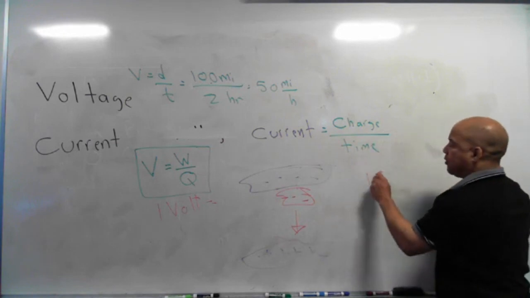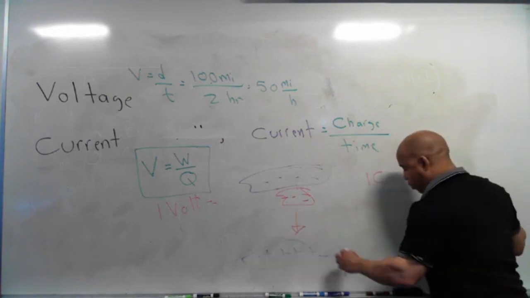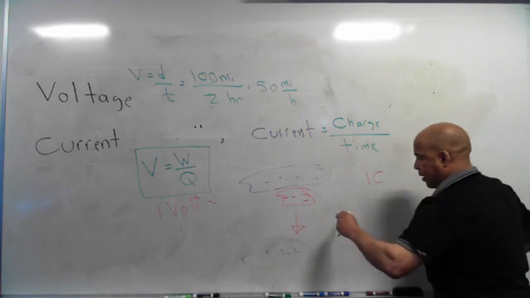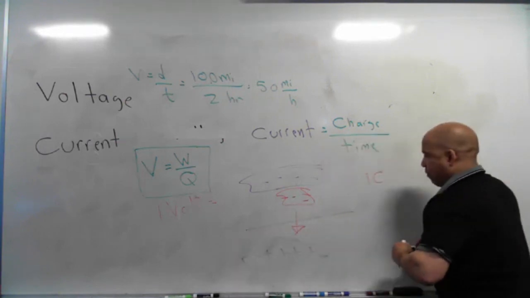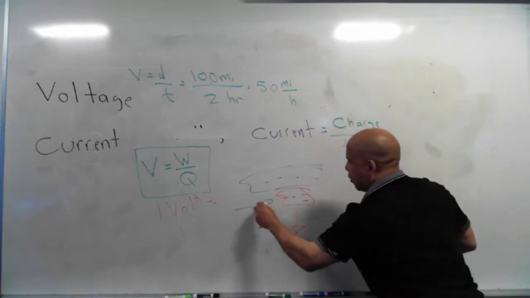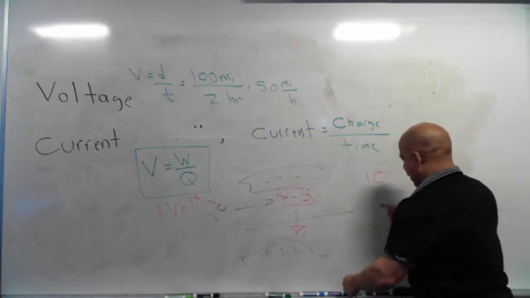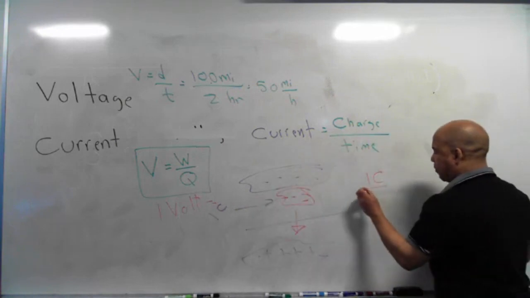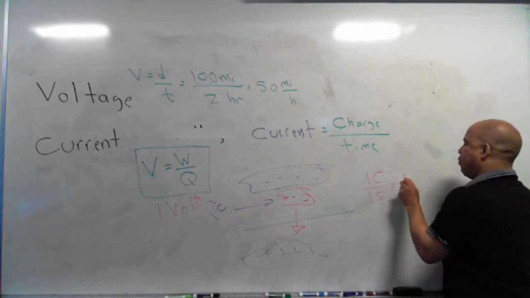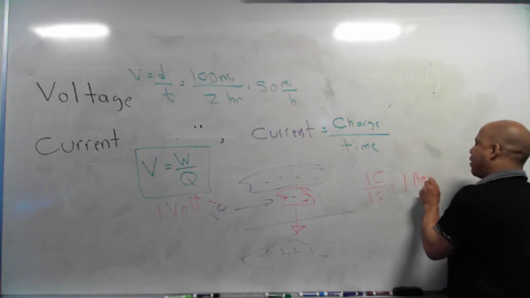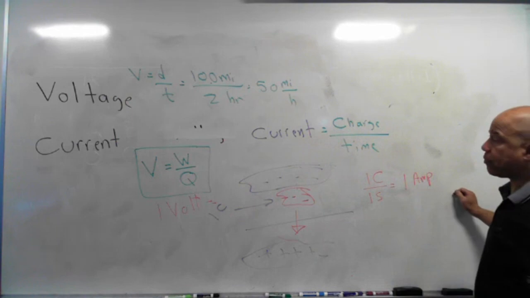If I have 1 coulomb of charge move past a certain point, say this is my point, if 1 coulomb of charge moves past a point in 1 second, then I have 1 ampere or 1 amp of current.